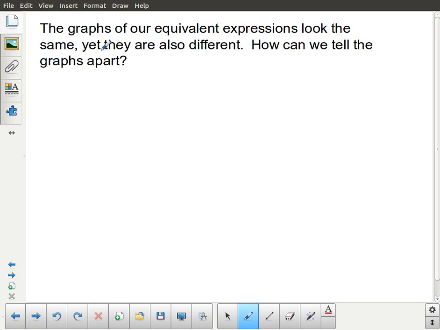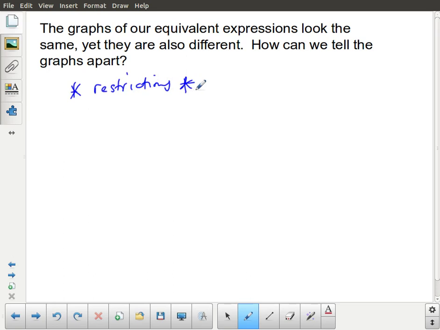Okay, so when we do this, our equivalent expressions, the graphs look the same, but they're also different. So how can we tell the graphs apart? And this is the big difference, which is the restrictions. Okay, so if you do these with a table of values, you're going to get that same shape. If you do it using algebra, you're going to get that same shape.